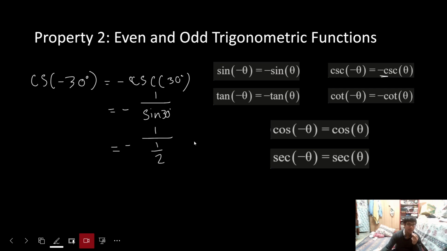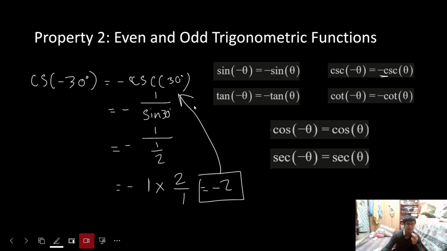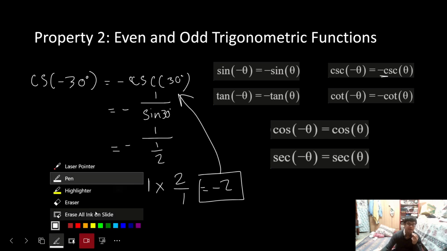This is a complicated fraction, so we can simplify it. We can have negative 1 times the denominator, but the positions are switched. So we will have 2 all over 1. So the answer here would be negative 2. See? That's it.